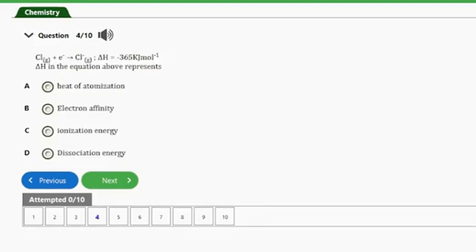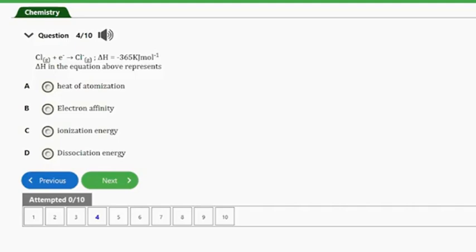Let's consider the next question, question number 4. We have here an equation of a reaction: chlorine gas plus 1 electron to yield a chloride ion, with the change in enthalpy being negative 365 kilojoules per mole.